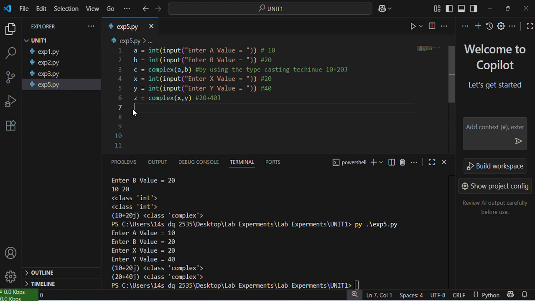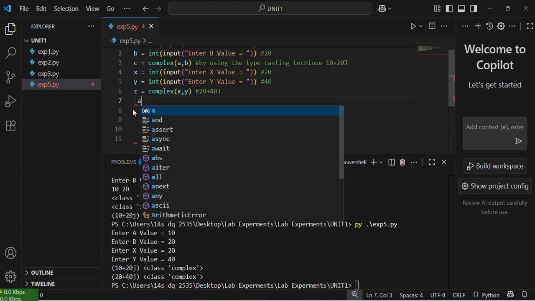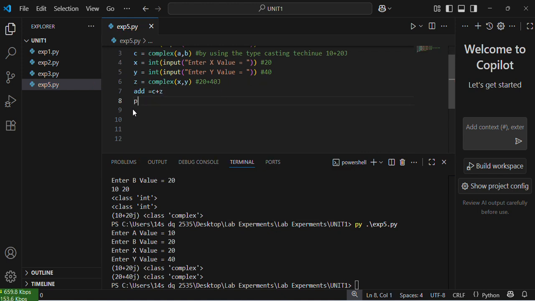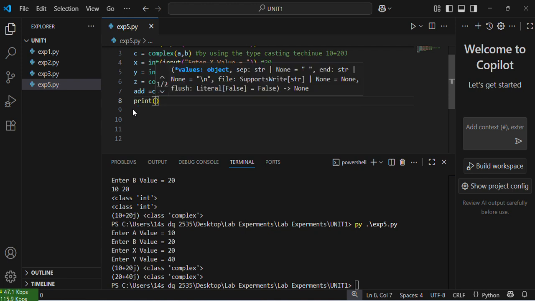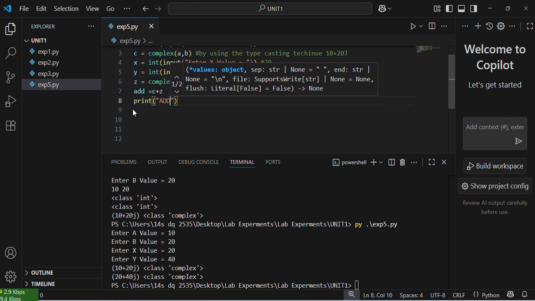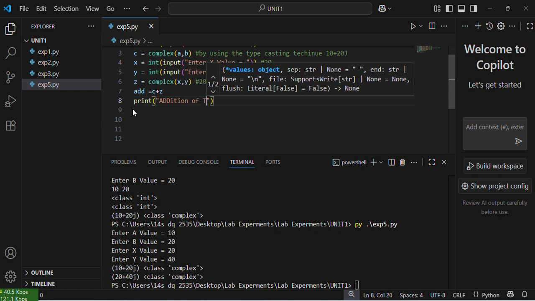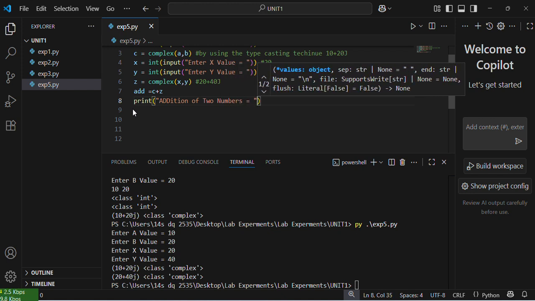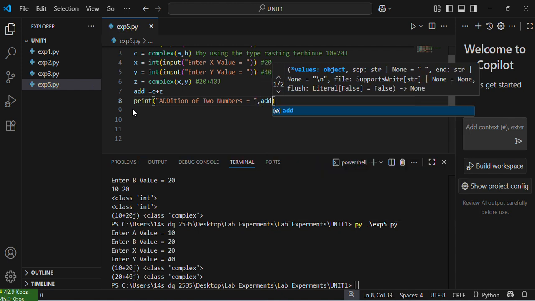Now I use addition and multiplication. For understanding purposes I write the variable add equals c plus z, and print the addition of two numbers.